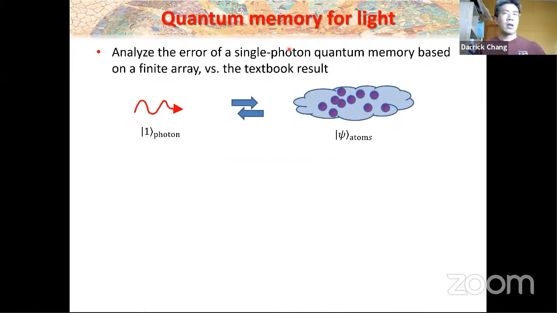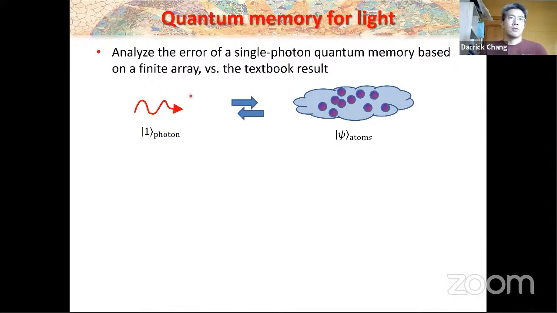So to try and make that claim more concrete, what we can try to do now is take a finite array and try to implement a single photon quantum memory and analyze how much error we pick up compared to the textbook result that I presented before. And just to remind you what a quantum memory is, or what we'll take it to be in the following analysis: I'll assume it's a single photon quantum memory.